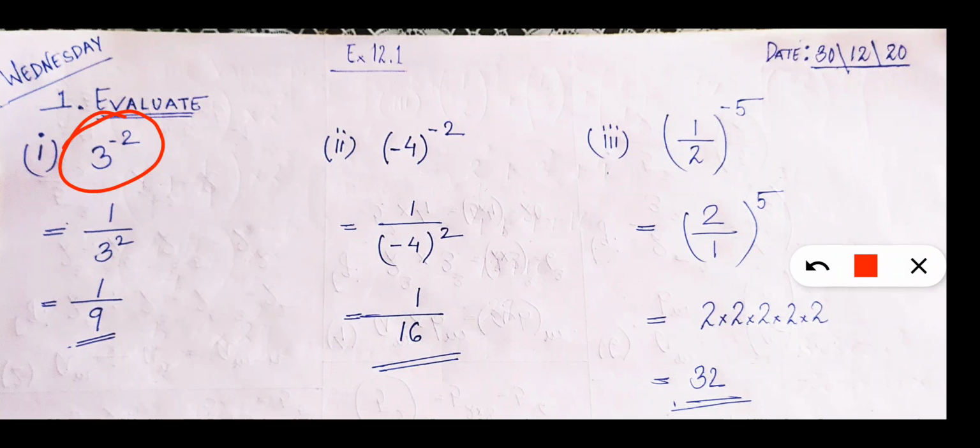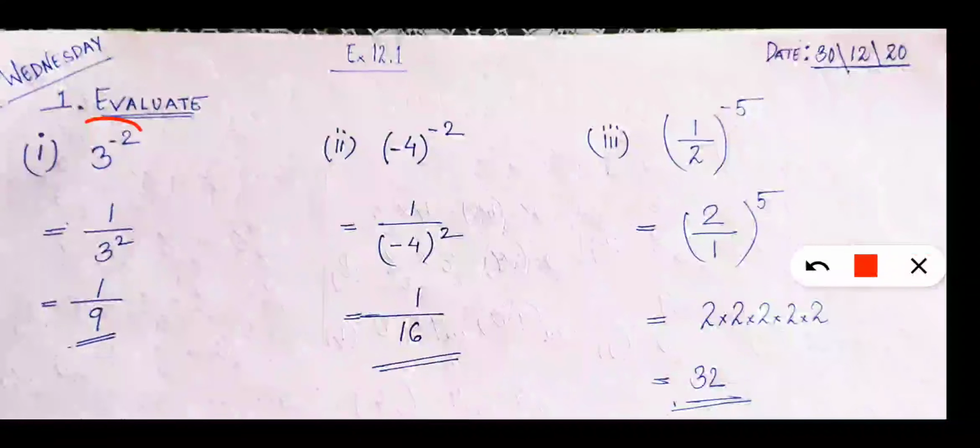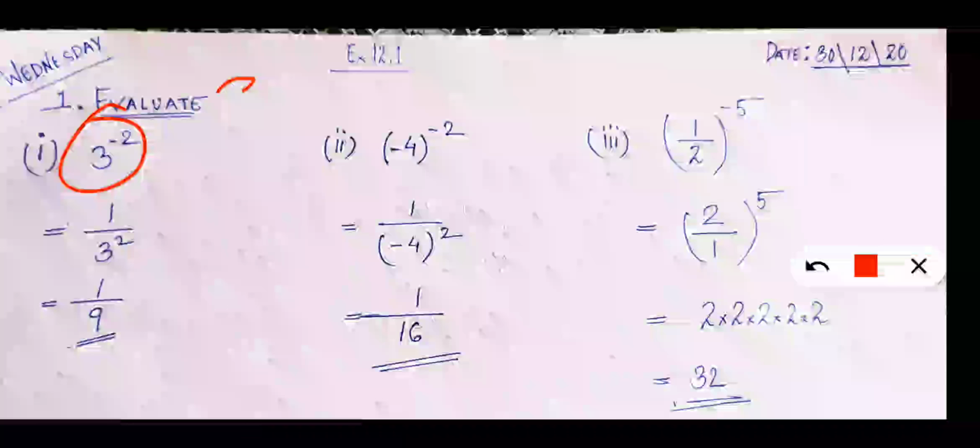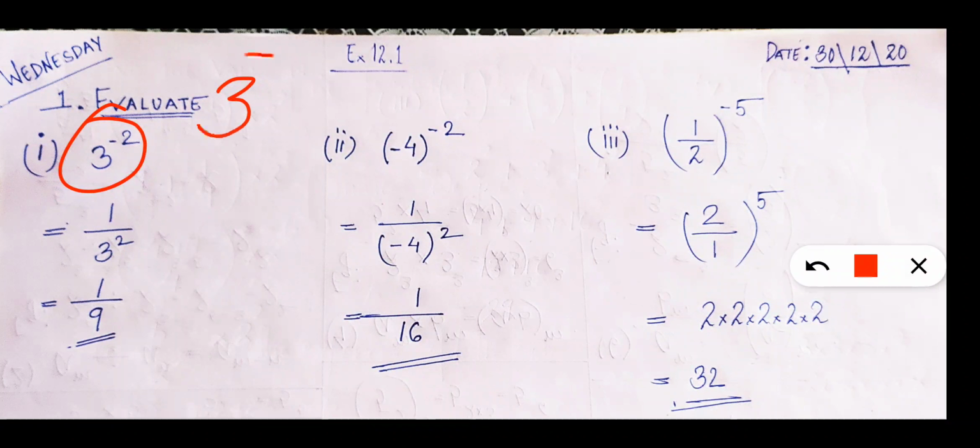This is 3 inverse square, so minus is called inverse. Okay, so 3 inverse square. I'll write this here so you'll understand it more properly. Nothing is there in the denominator means 1.